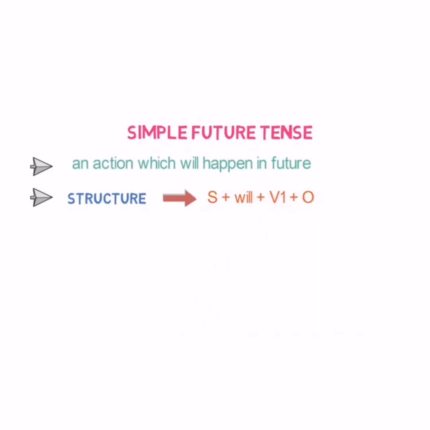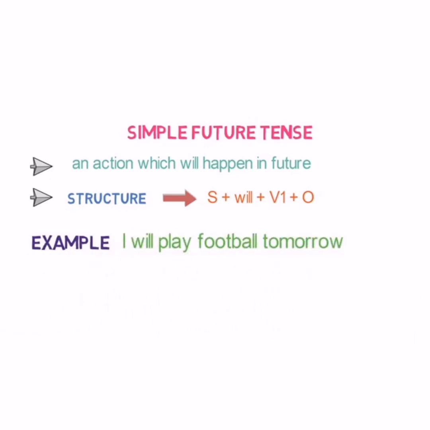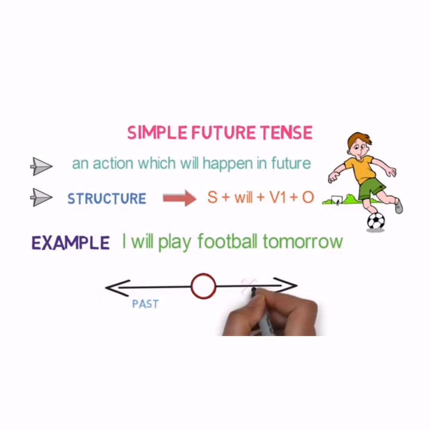Now the example is I will play football tomorrow. In this example, I am referring to an action that will happen tomorrow. So in the timeline, it will be somewhere here, on the right side, denoting that the action will happen in the future. I hope you all have understood.